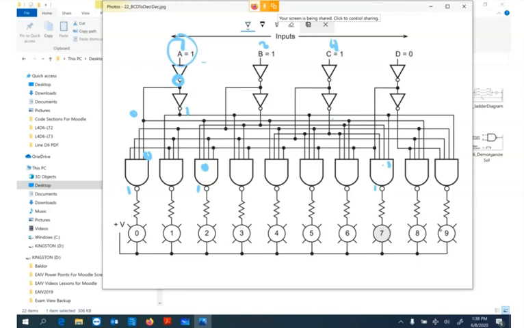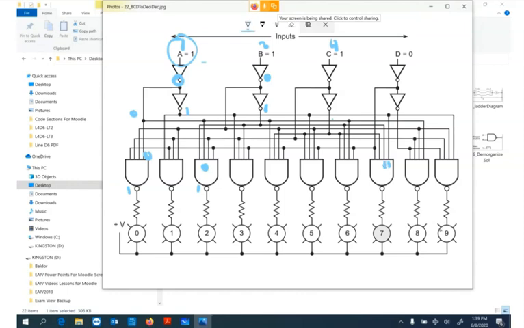Following that correctly. And yeah, because we need to turn that off. Because these ones are on, we have to supply a 0 here. So in order to do that, we need all 4 of those at 1. So now we have a 1 on here in B, which makes this a 0, which makes this a 1. Following that through, are we connected to 7? Yes, so we have a 1 here as well.